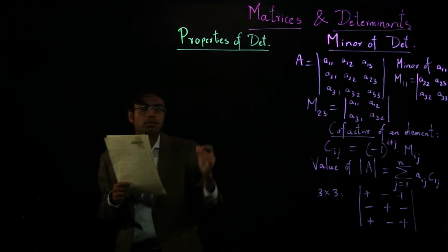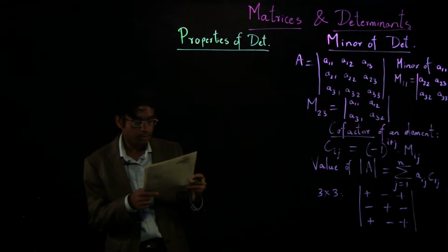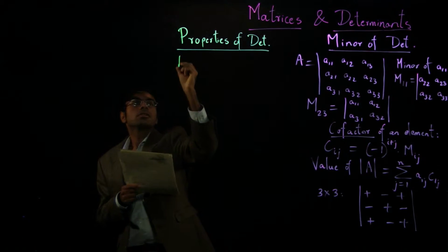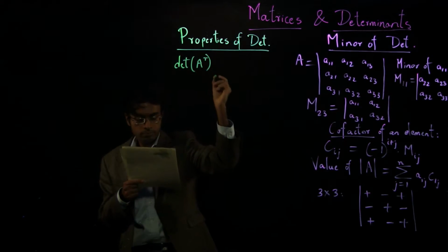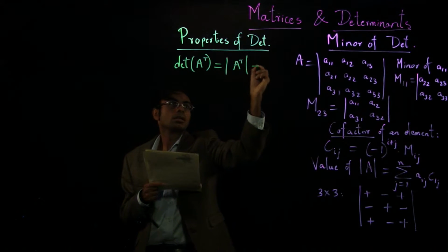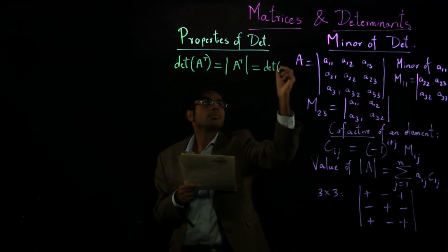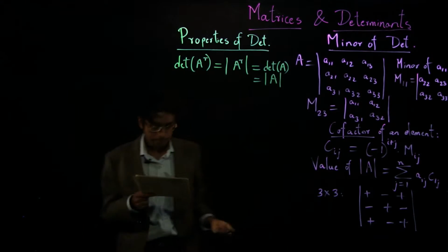Well, if you take the transpose of a square matrix, and take its determinant, then the value is unchanged. So let's say determinant of A transpose, which you can write as |A^T|, equals determinant of A, or simply this.